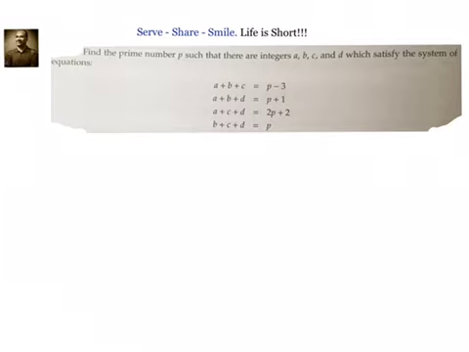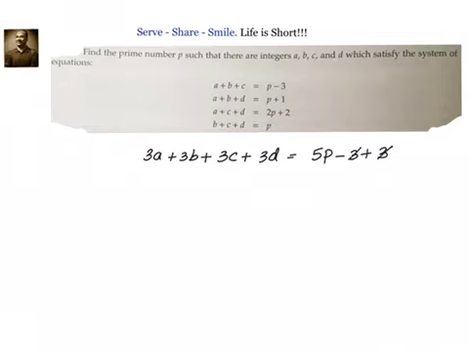Now to solve this problem, we will add the left hand sides and the right hand sides of all these equations. We get 3a plus 3b plus 3c plus 3d equal to 5p minus 3 plus 3.